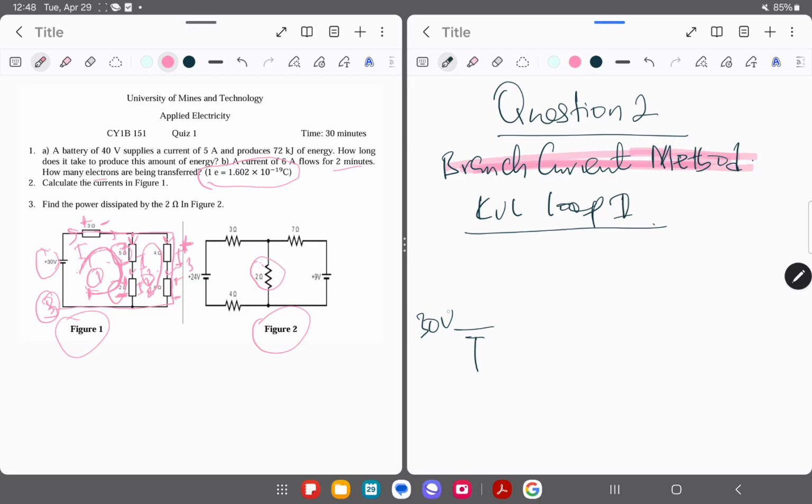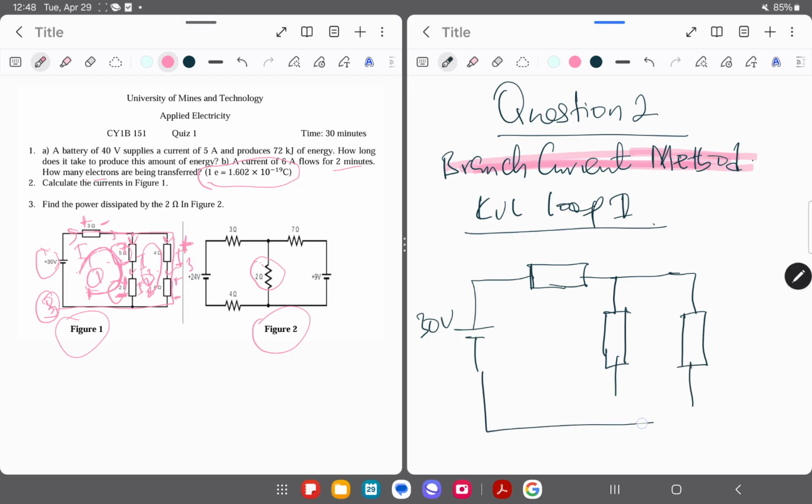So I can have my 30 volts here, and our 2 ohms. The same thing applies to this 4 ohms and then 6 ohms. The same current is going to pass through them, so we can add that part as well, so that we have this simplified circuit diagram.